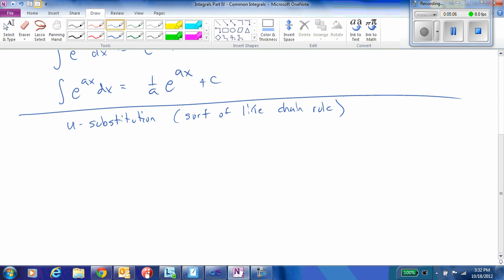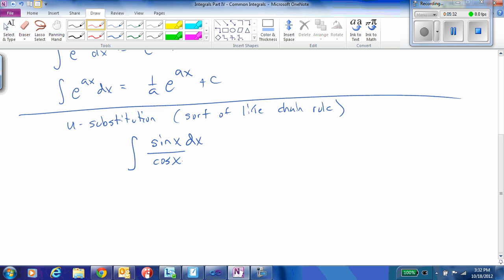And the idea here is that if I have an integral of, let's say, for example, let's do that one for tangent above, sine of x dx all over cosine of x. Here we see that we can recognize that part of this integral is the derivative of another part of this integral.